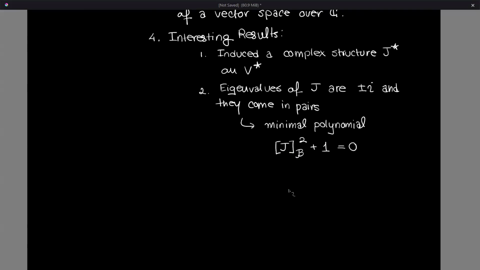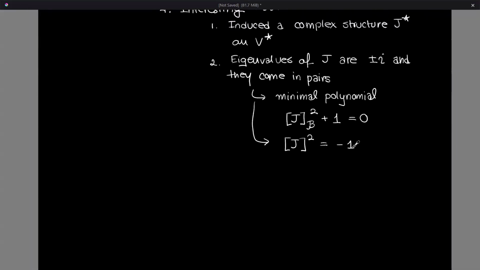And so from here, we reason that since it doesn't have any repeated roots, the theorem says that we can form this eigenspace, and then we showed that the values are plus and minus i because of the relationship J squared equals minus the identity. So that gave us plus or minus i.